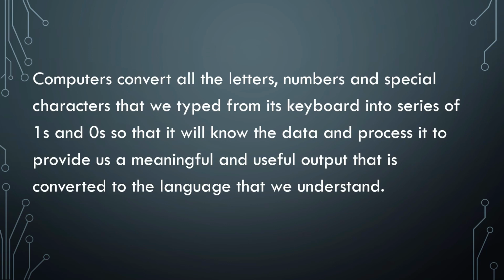Now, computers convert all the numbers and special characters that we type from the keyboard into a series of ones and zeros, so that it will know the data and process it to provide us a meaningful and useful output that is converted to the language that we understand.